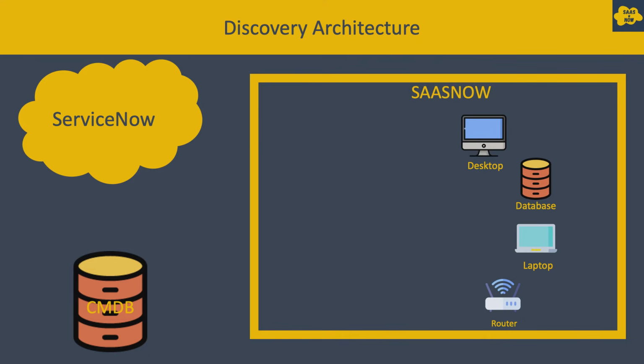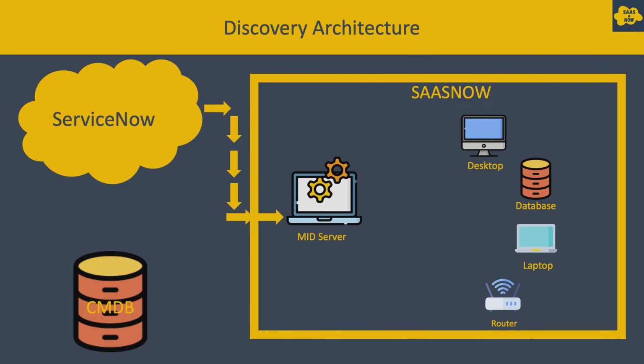In that case, the MID server comes into the picture, which is a proxy server installed in the network of the SAASWITHSERVICENOW organization. And this MID server will be used to discover these devices with the help of discovery. We will learn about the MID server in detail later. SAASWITHSERVICENOW has a probe, which is executed with the help of the MID server.